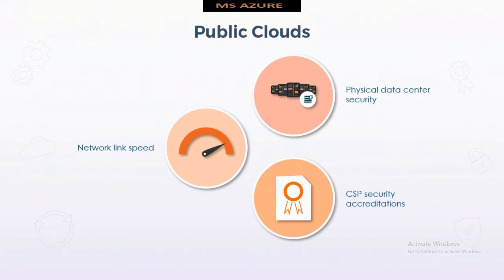The CSP security accreditations are also published, such as for international security standards like PCI DSS compliance in Azure, as well as more regionally based regulations like the GDPR or General Data Protection Regulation, which exists to safeguard the privacy of European Union citizen data. So this is all published on the Azure public website where we can see which security accreditations are available.